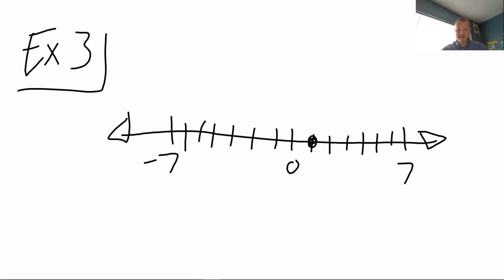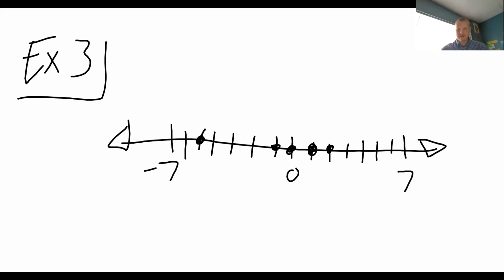I'm going to plot a point right there. -5 is going to be right here. I got 0. There's another point right there. -1 right there. 2 right there. And +4. 1, 2, 3, 4. So you're just plotting coordinates.